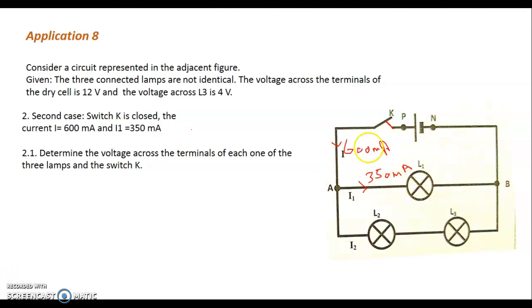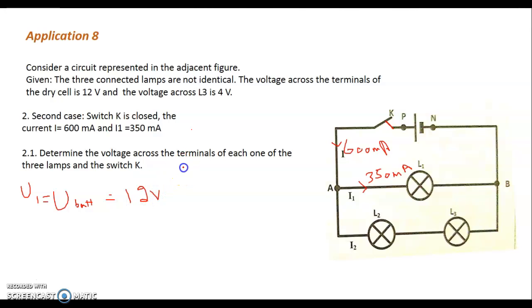A closed switch acts like a connecting wire. So we consider that the two terminals of the lamp L1 and the battery are connected to each other. That's why we write the statement U1 is equal to U battery, which is equal to 12 volts.